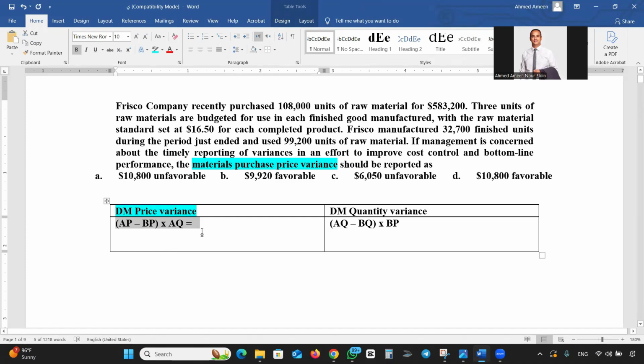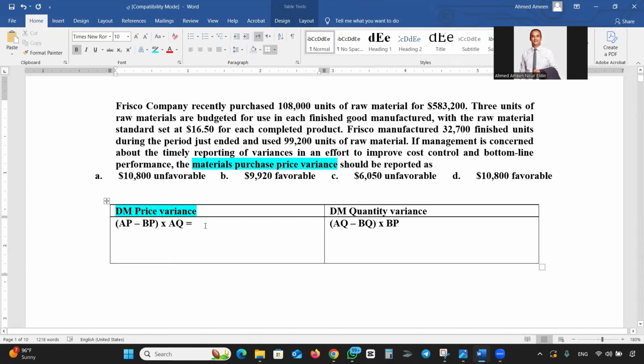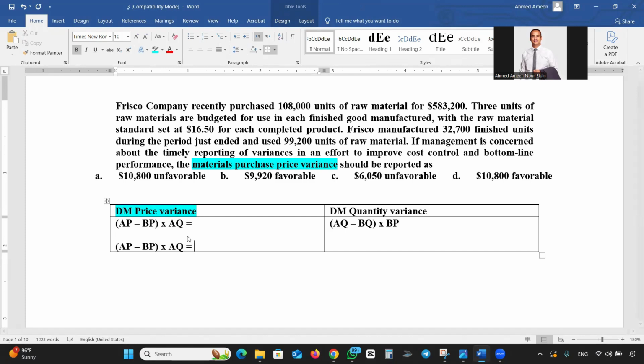Since the direct material price variance is the formula I will use to assess the purchasing agent in my company, I will use the actual quantity he purchased, which is 108,000 units. So I'll write here 108,000.